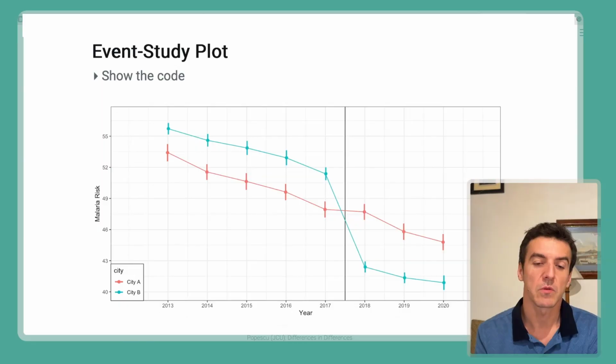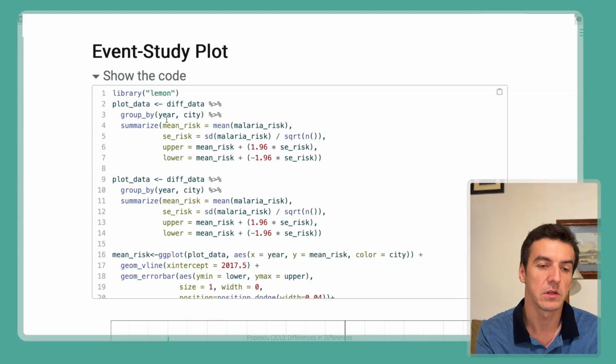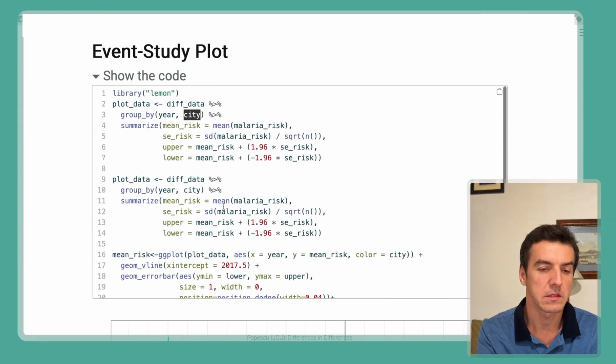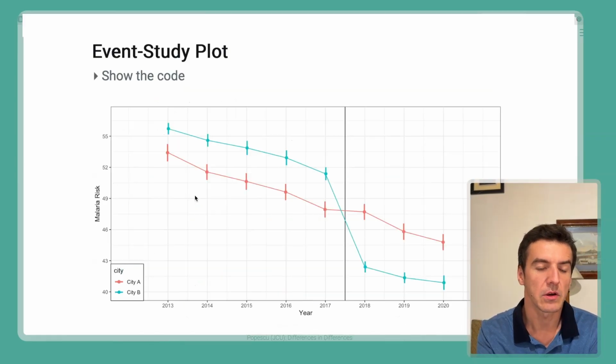So this is, for example, what this looks like if we were to draw an event study plot. This is, for example, how to obtain this code. It's simply a calculation of the mean risk by year and by city. We only need to do this once, and this is going to get us this.